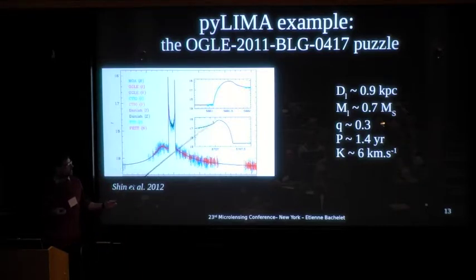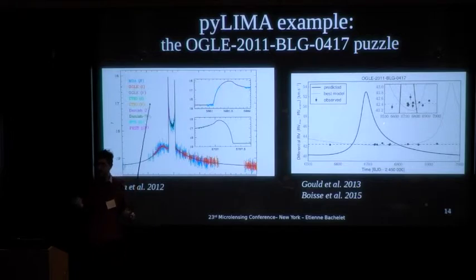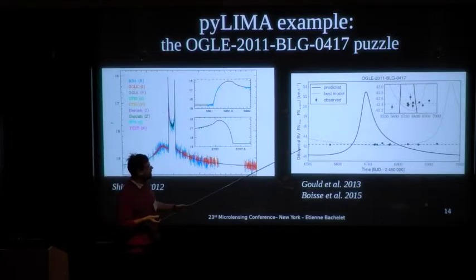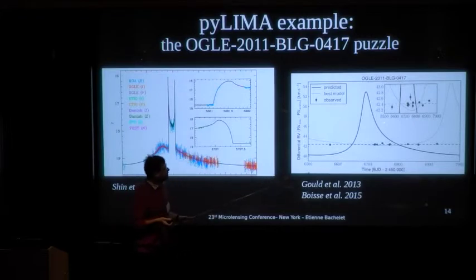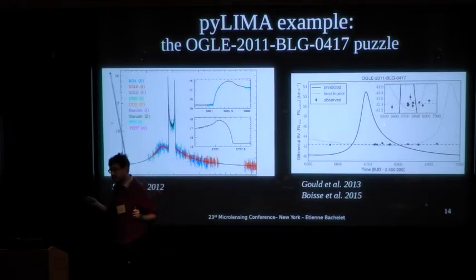Because the lens was close, we expected to be able to measure it. So Boisse in 2015 took 10 spectra on the VLT, but they didn't find any variation, as you can see on this dot, which was in very strong contradiction with the microlensing prediction that you can see in black here. So there was this big tension going on.